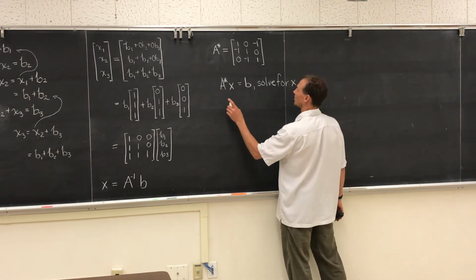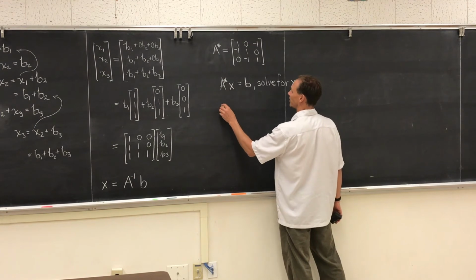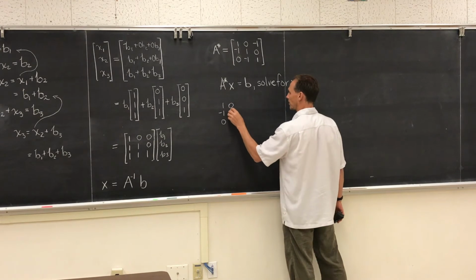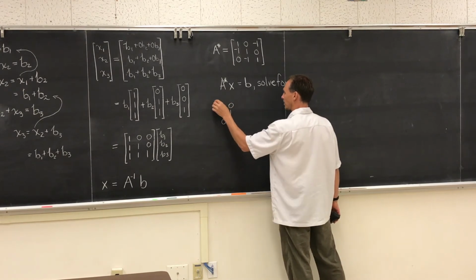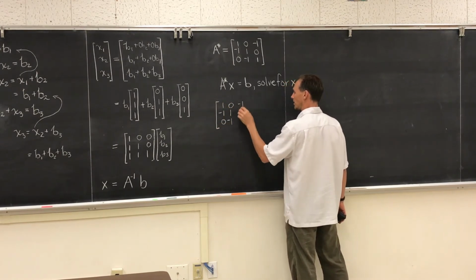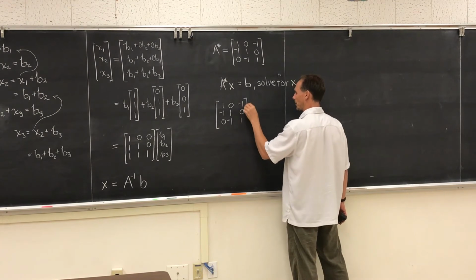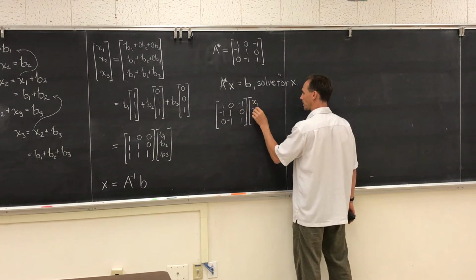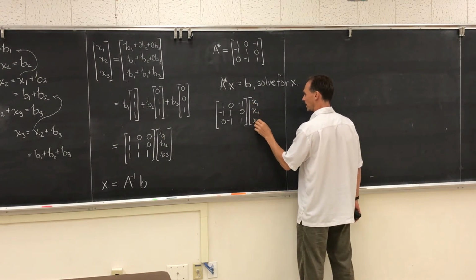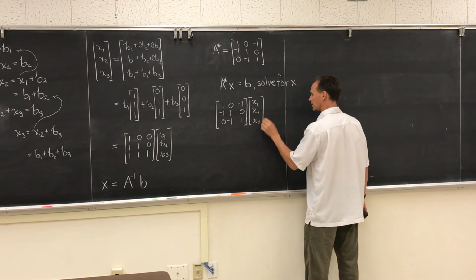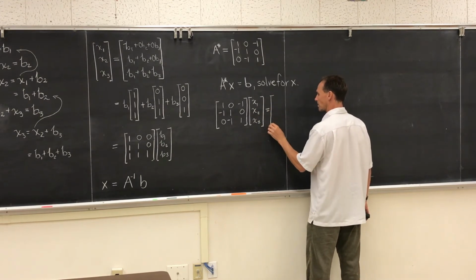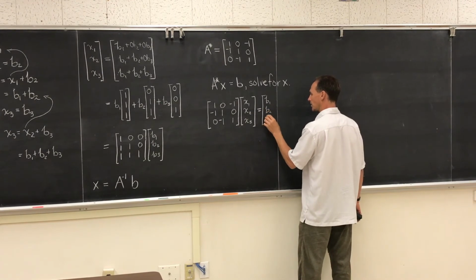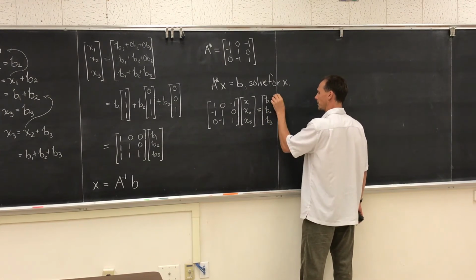So if I set the problem up in the same fashion, we'll go a little faster now. I have 1, minus 1, 0, 0, 1, minus 1, minus 1, 0, 1, times the vector x1, x2, x3, equals b1, b2, b3.